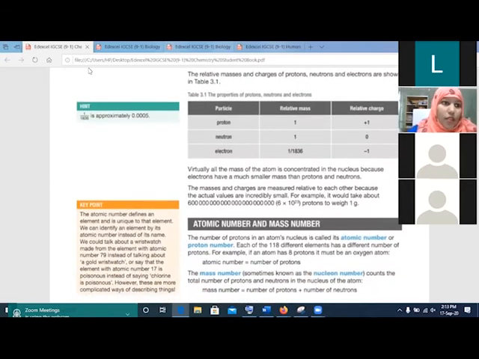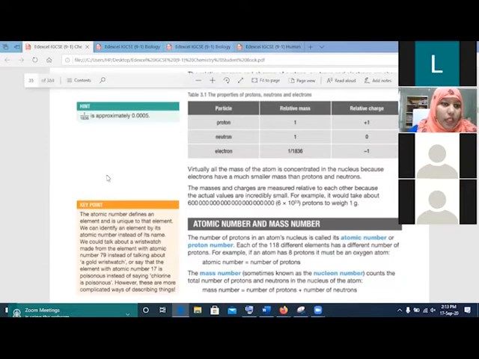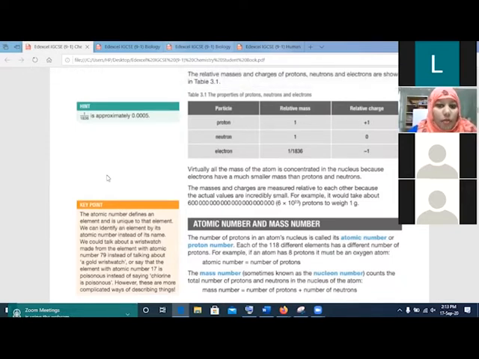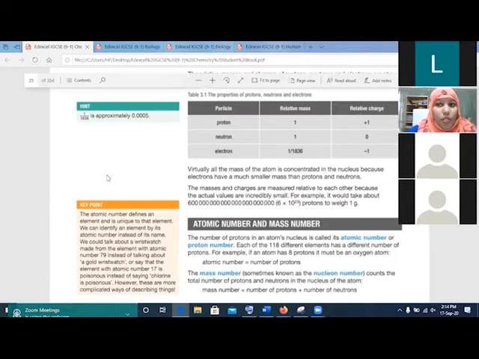Then we have certain terms that are very important in chemistry while studying atomic structure: the atomic number and mass number. I have talked about the number of protons, right? The total number of protons in any particular atom of any particular element is known as its atomic number. This atomic number is specific for every element.